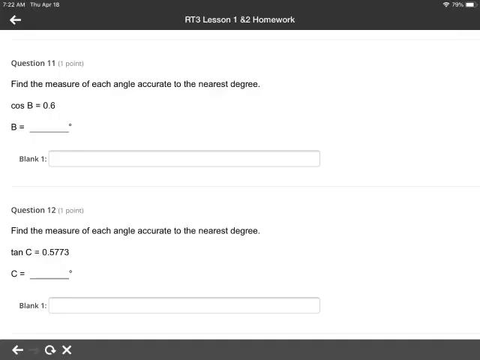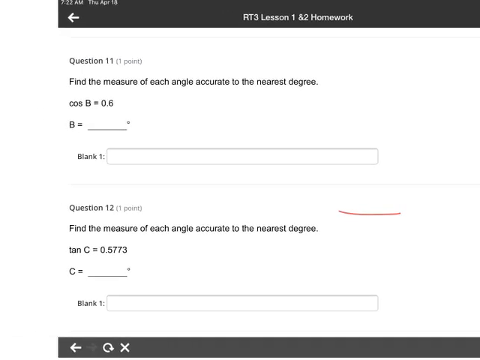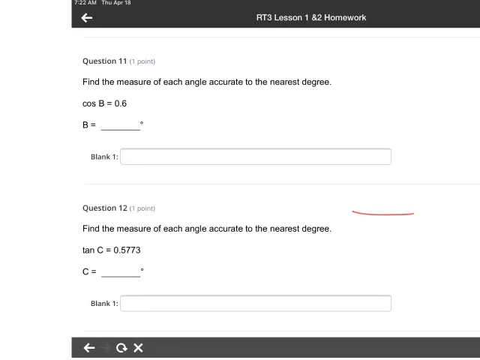Now, for our next most missed, we've got problem number 11. When we're looking at problem number 11, what we're doing now is we have the ratio, and we're trying to solve for the angle. So what we really want to think about in this situation, when we've got the cosine of angle B equals 0.6, is go back to basic algebra.